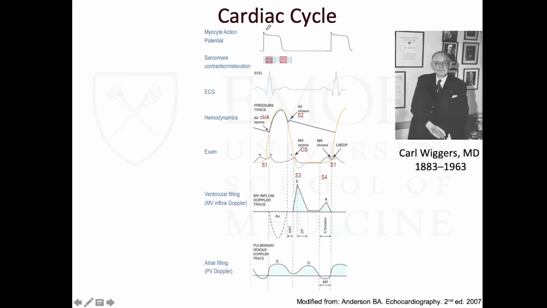Starting from the top here, and as we move down, here's the myocyte action potential, sarcomere shortening and lengthening, EKG, and then our invasive hemodynamics: here's the aorta, left ventricle, left atrium, and here's our mitral inflow, and here's our pulmonary vein Doppler.